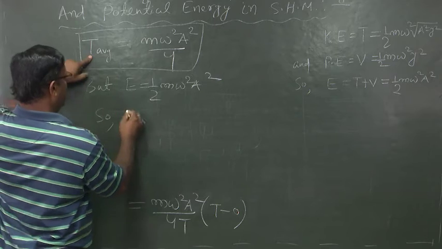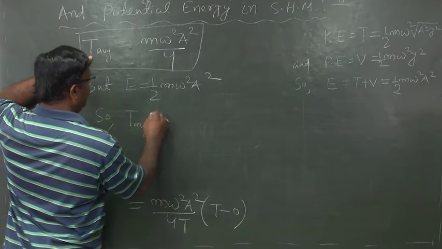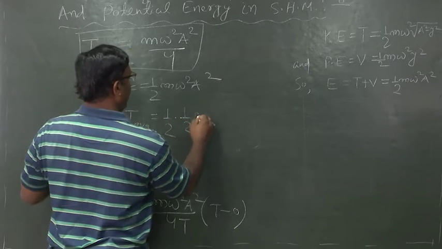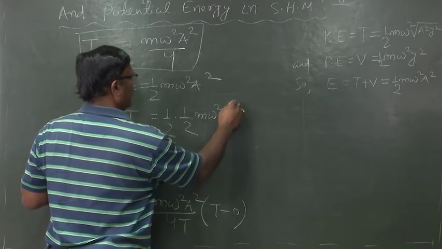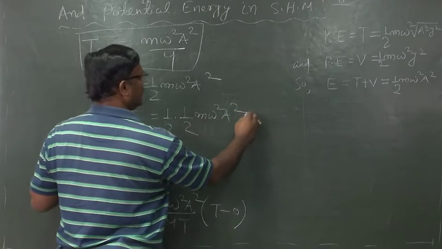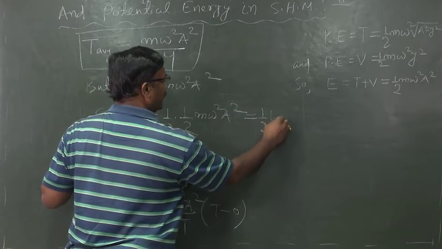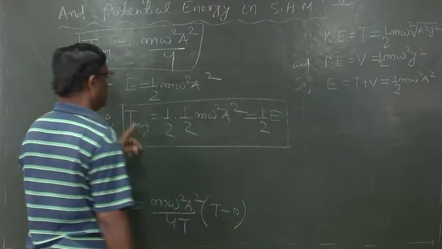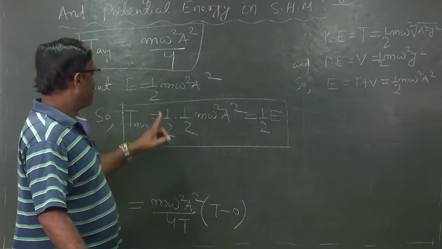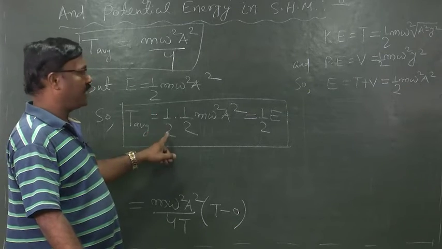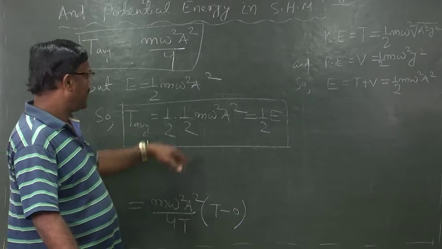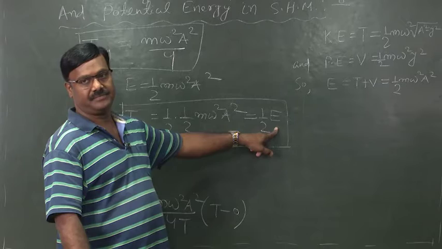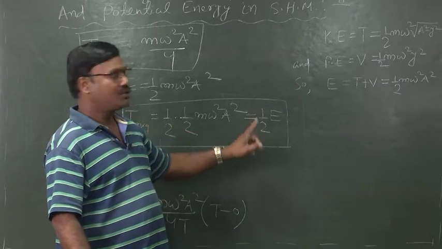So this T average will be expressed as half into half of m omega square a square, which is equal to half of E. That is, the time average value of kinetic energy of a body executing SHM is equal to half of its total energy.